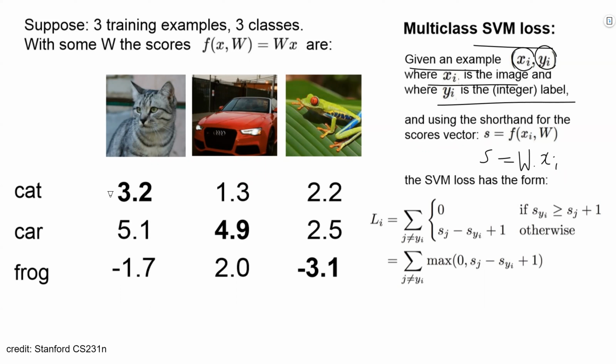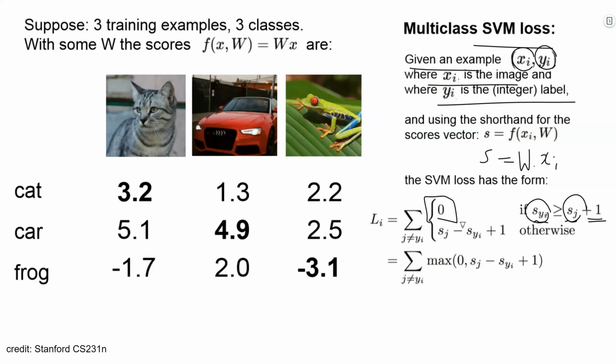So in this example, we compare the score of the ground truth label with other class scores. And if the score of the ground truth class is larger than other classes by margin 1, then there is going to be no loss.